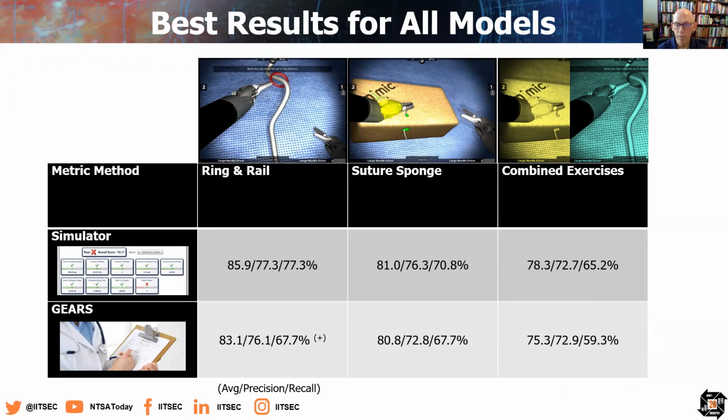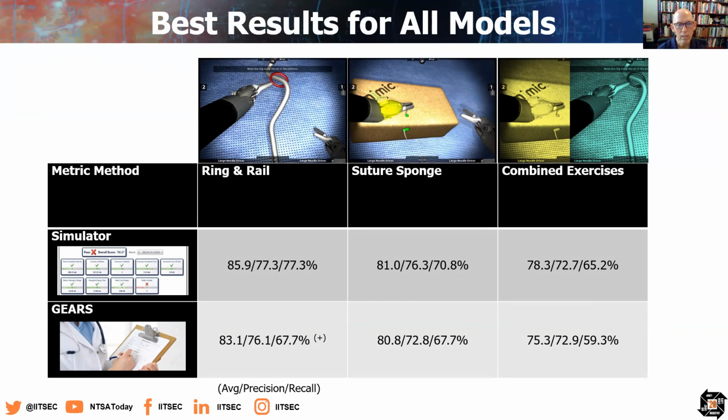So there's 4 different variations of data that we ran through the model. Then we created another set where we combined all the videos from Ring and Rail and Suture Sponge into one pool, and we challenged the model to be able to label as expert, intermediate, or novice either one of the videos that might happen to show up as it would process through them.